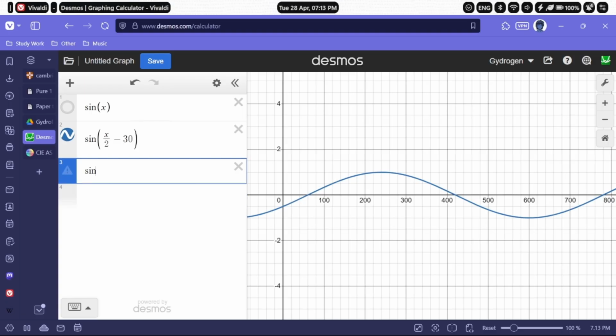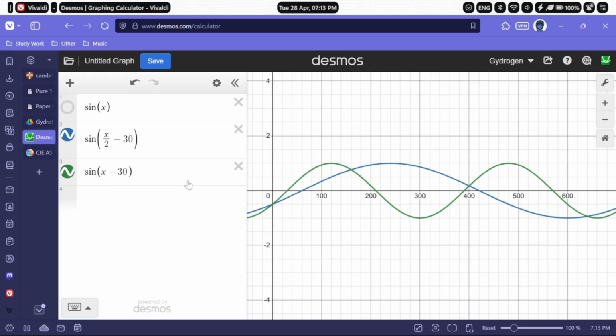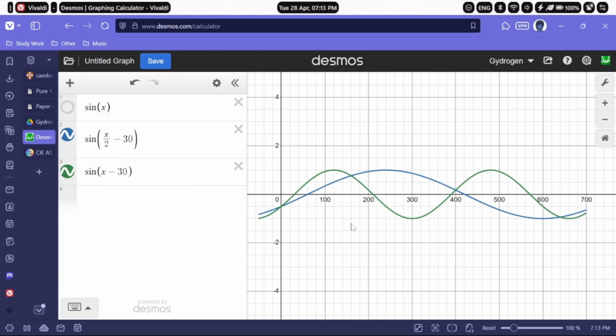So if you have sine of x minus 30, this is a translation by 30 units first. So you're shifting it by 30 first. Then you're going to stretch it. So when you stretch, you're basically stretching x minus 30 by a scale factor of 2.